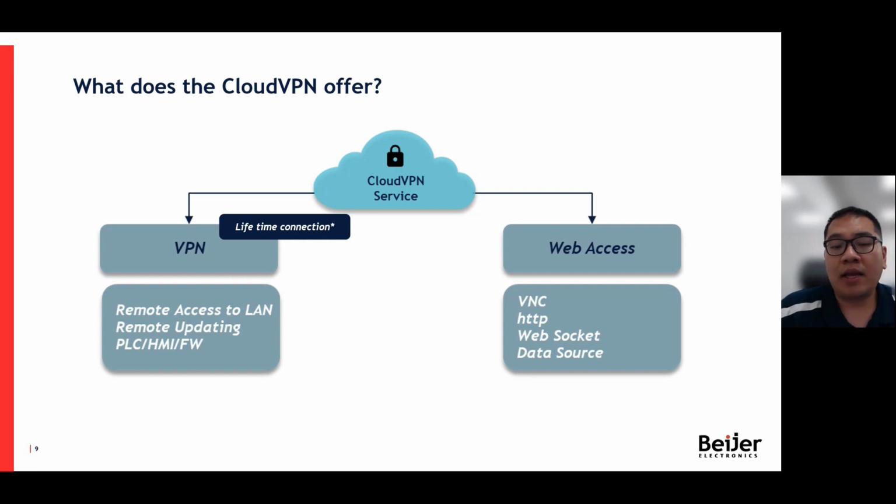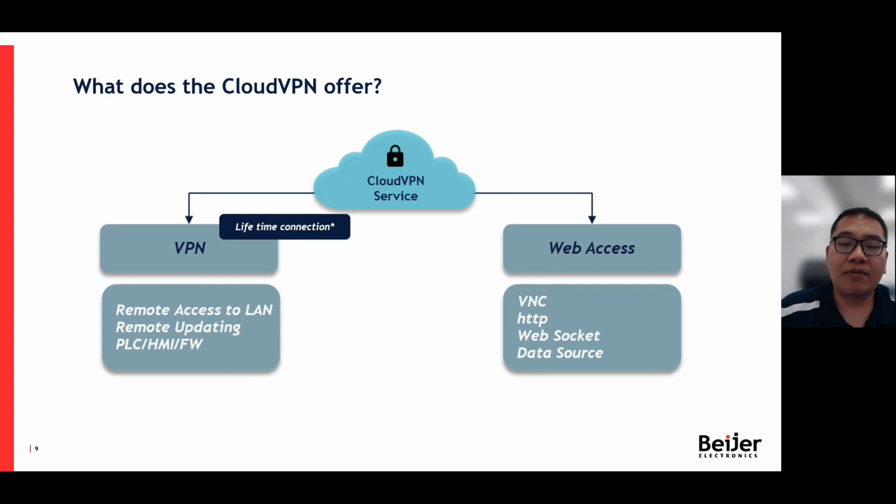Next, we have the web access. On the web access, you can set up things like VNC. Like I mentioned previously, you can access directly using the VNC service without having to download additional software, of course. Next, we have the HTTP service. Basically, you're able to run any HTTP web server that's behind your CloudVPN router once you set it up.